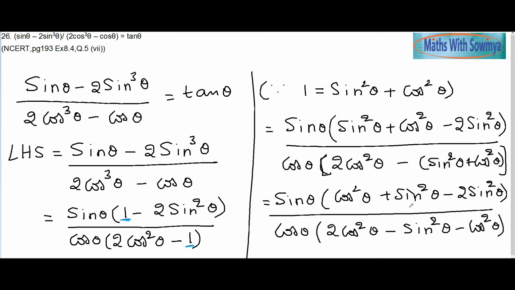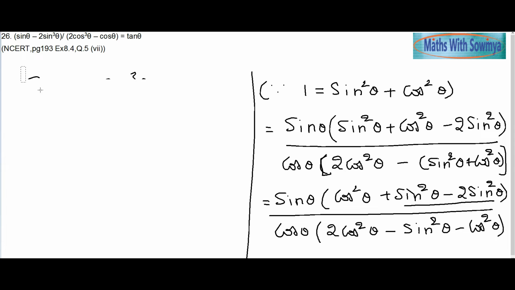Here if we see, we are having sin square theta minus 2 sin square theta, that will get cancelled. We can subtract that. We are having minus 2 sin square theta plus sin square theta, which will give us minus sin square theta.